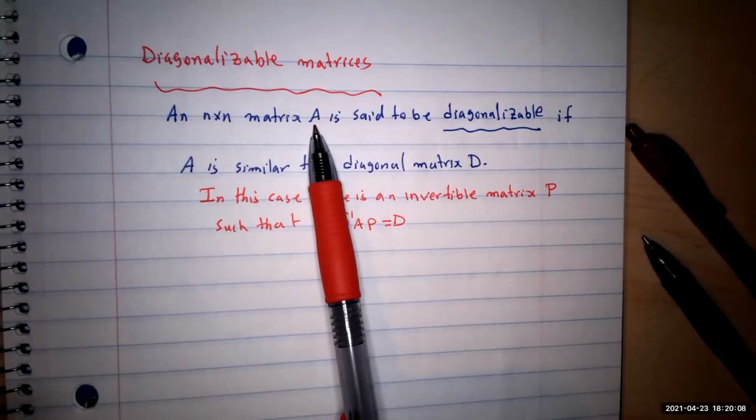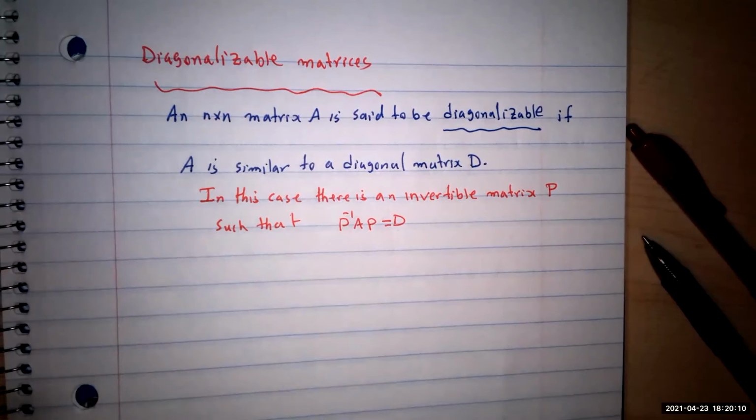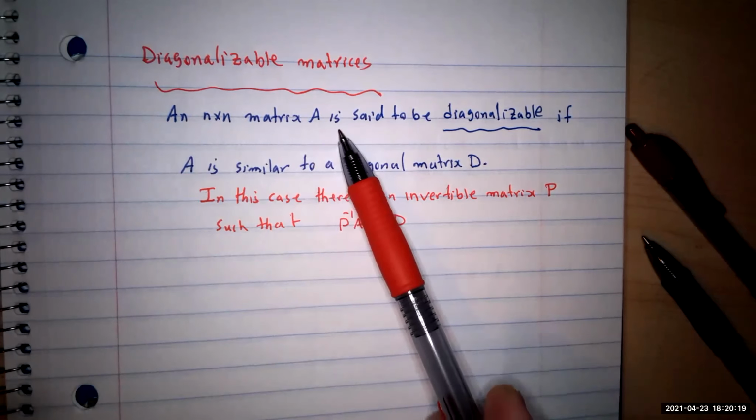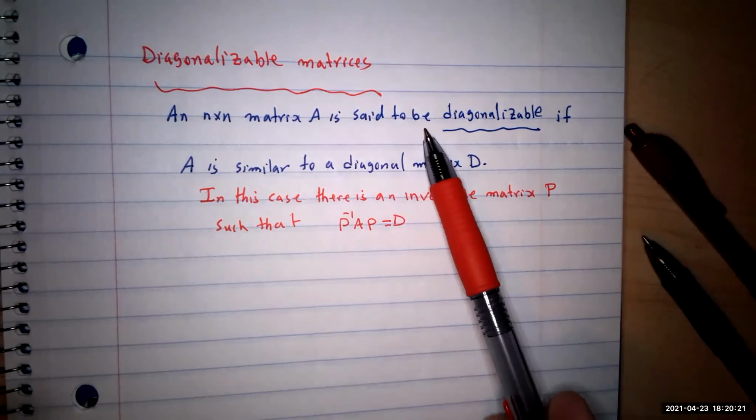If the matrix A, n by n matrix, has n distinct eigenvalues, this means lambda 1, lambda 2, lambda 3 to lambda n.